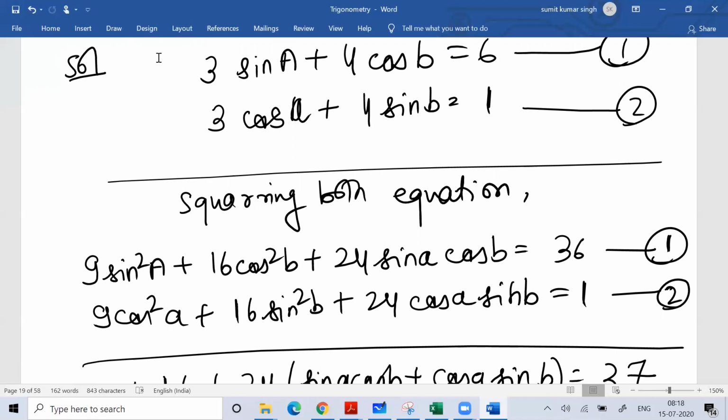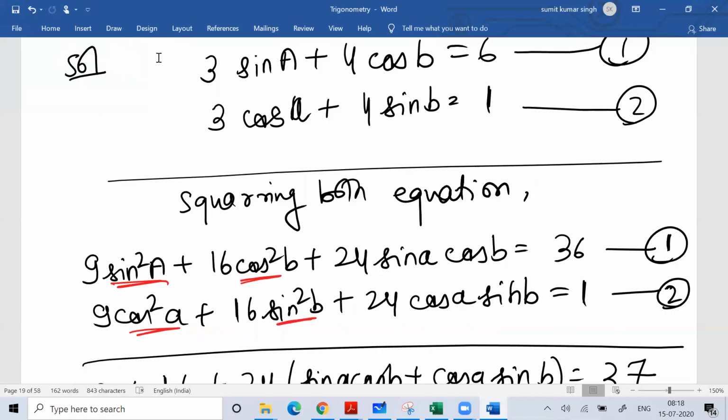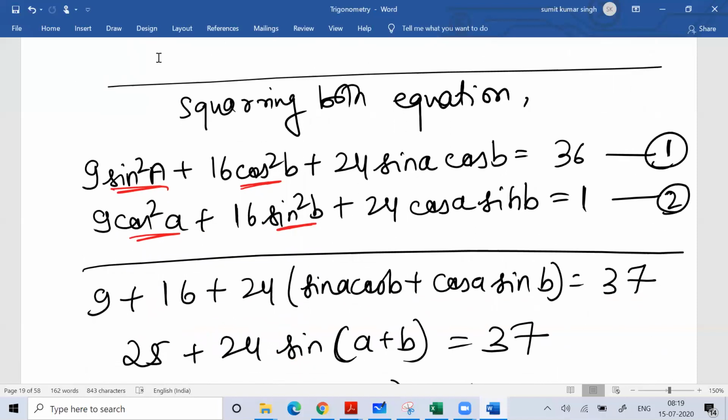If you add them, you know that sin square A plus cos square A will be 1. Similarly, cos square B plus sin square B will be 1. Going further, you will get 9 plus 16 plus 24 times (sin A cos B plus cos A sin B).